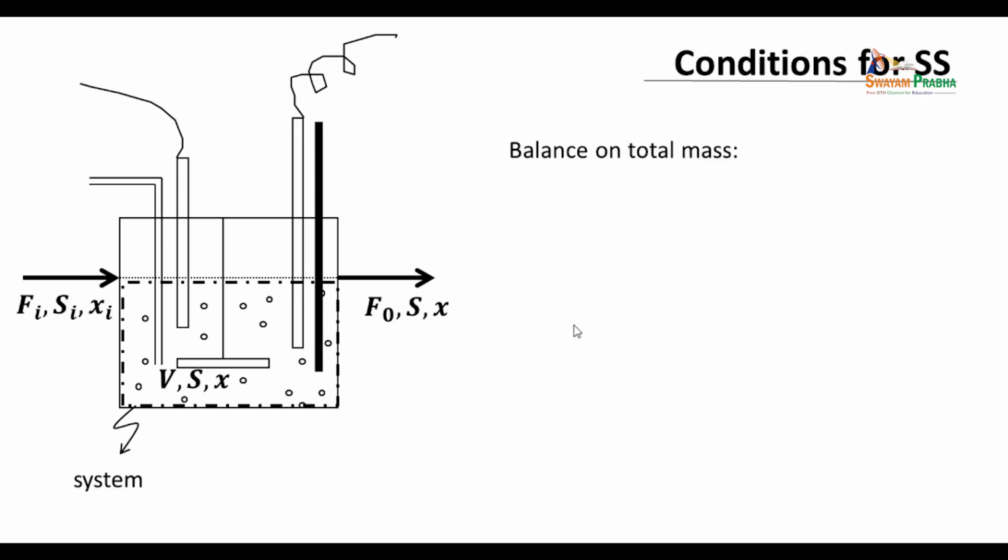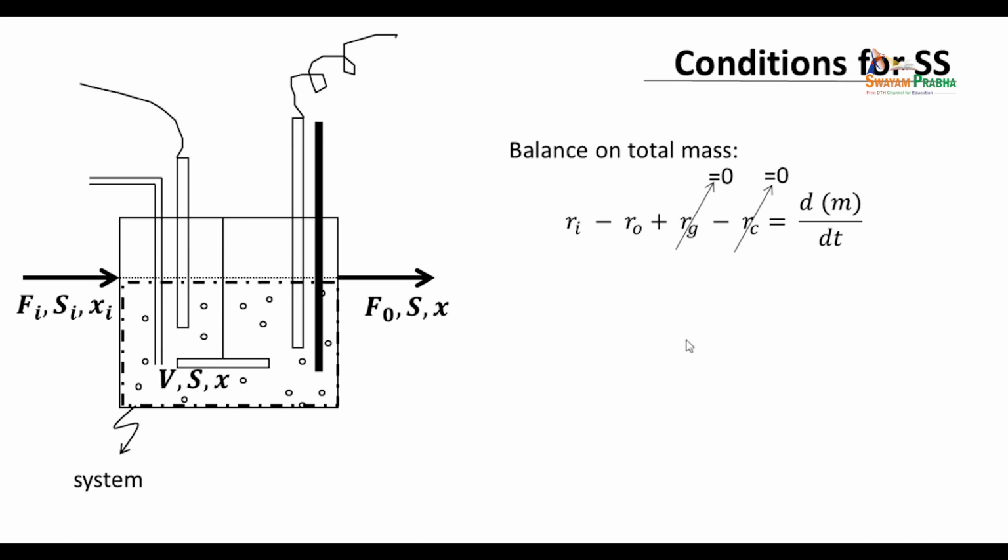Let us do a balance on the total mass. One of the huge tools that we have is mass balance. So this is the mass balance that by now we should be familiar with: rate of input minus rate of output plus the rate of generation minus rate of consumption equals the rate of accumulation of mass. We are doing it on total mass. Since we are doing it on total mass, there can be no generation, there can be no consumption.